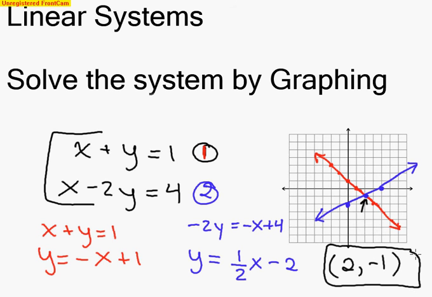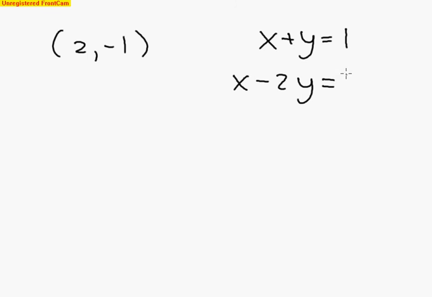So our solution for this system of equations is an ordered pair where you're given the x-coordinate first, then the y. Now, to expand a little bit more on what this means, let me get another blank page here. So we had a solution of positive 2, negative 1. And our two equations, we had x plus y equals 1, and we had x minus 2y equals 4.